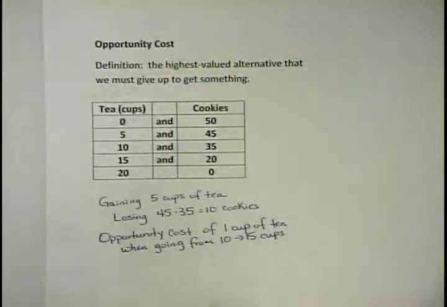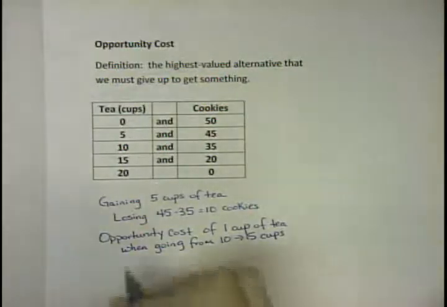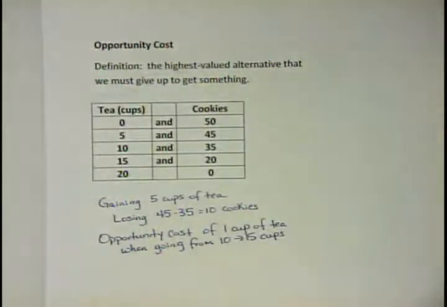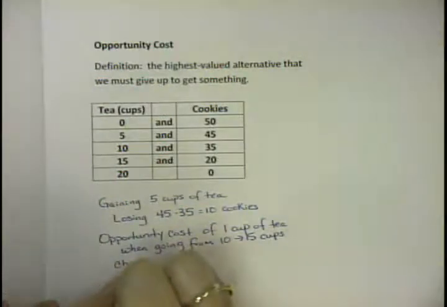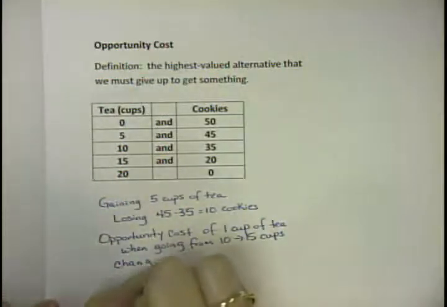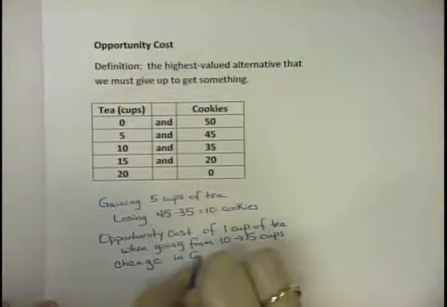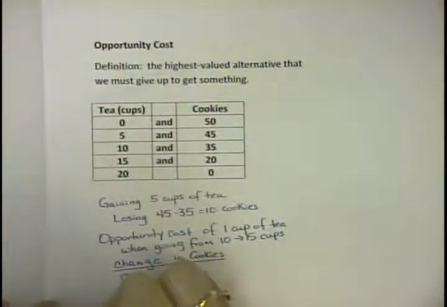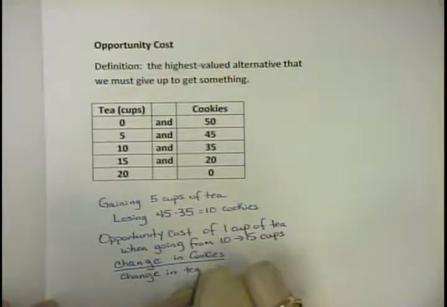Okay, so now what we're going to do is we're going to put this in a ratio. And when we do a ratio, whatever we're trying to find the opportunity cost of, in this case tea, we're going to put that in the bottom of our ratio. So we're going to do the change in cookies divided by the change in tea.